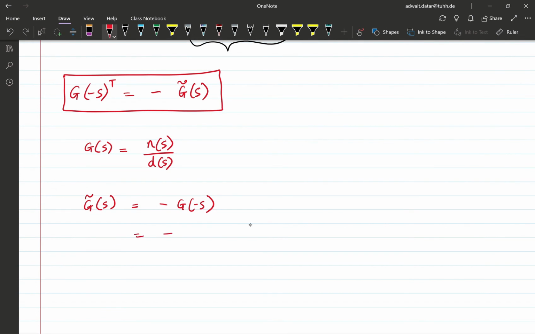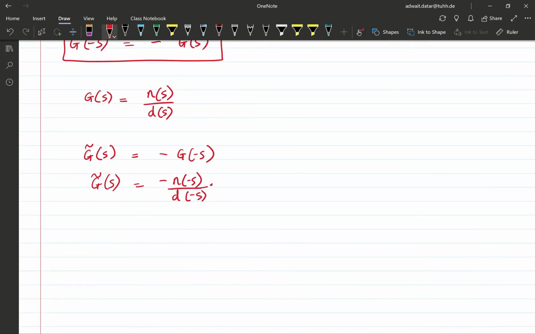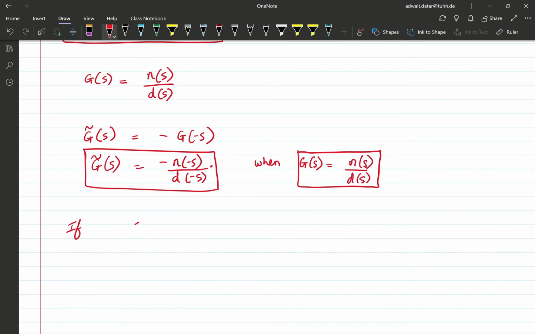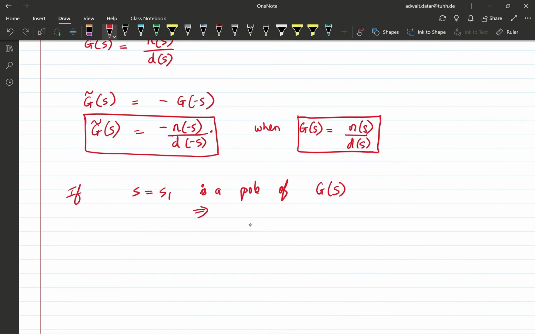What this means is that it's nothing but minus n of minus S over d of minus S. So that is our G tilde of S, when G of S is n of S over d of S. So if S equal to S1 is a pole of G of S, we would have that d of S1 will be 0.